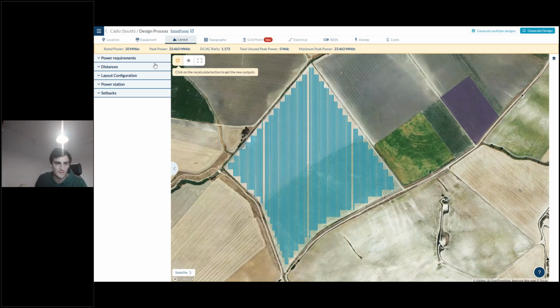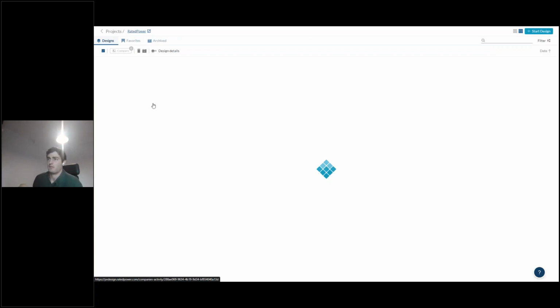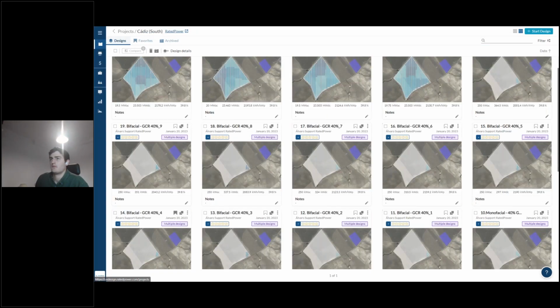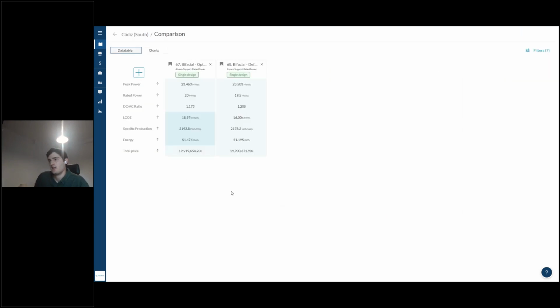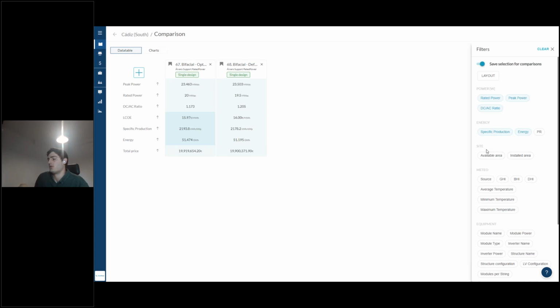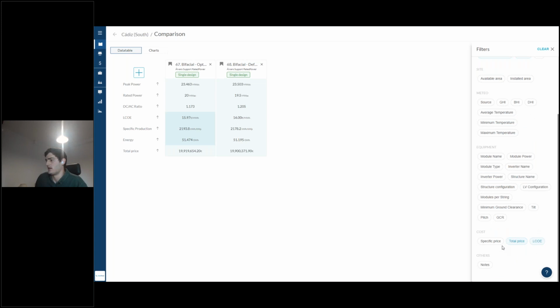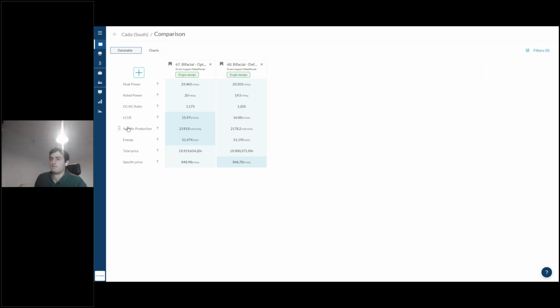Okay, you have optimized towards the LCOE. What else can you optimize towards? Here it's up to the user, mainly from the comparison tool that we have now. If I select, for example, these 2 designs in the comparison tool, the financial parameters that we can define will be the LCOE, the specific price, the total price and the capex of the plant, and these will be the ones that the user can compare regarding the financial analysis.